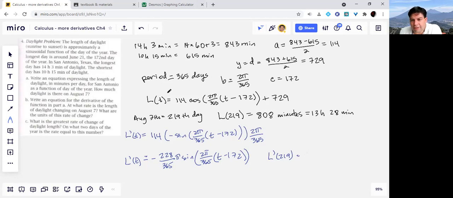Okay, I get an answer of negative 1.420. Okay, negative 1.420. What does this mean?